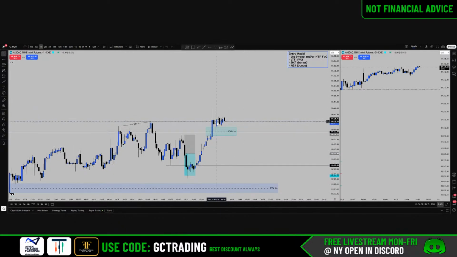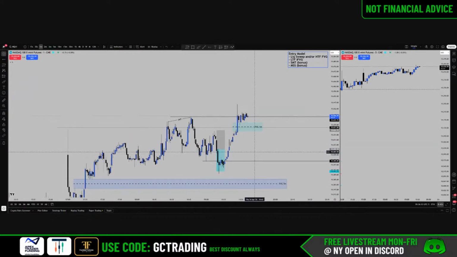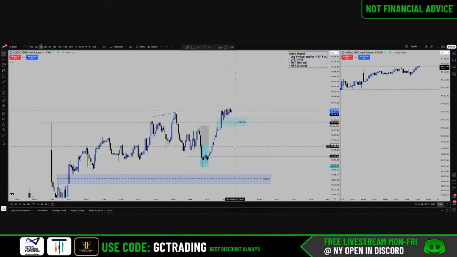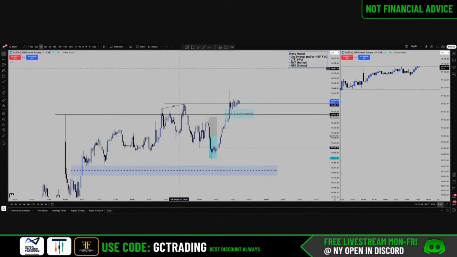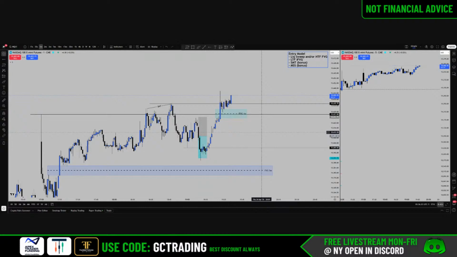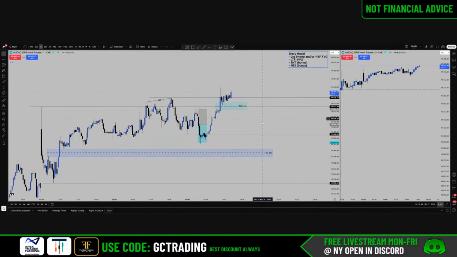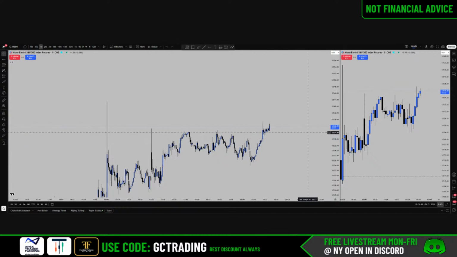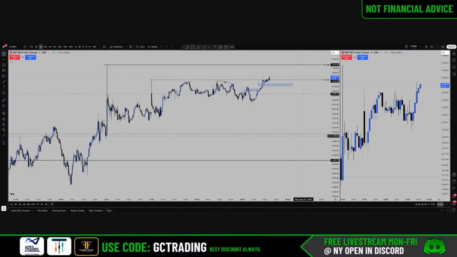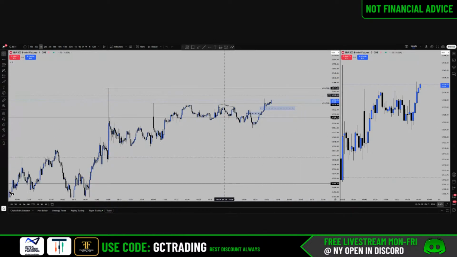So see if we can inverse this 1 minute right here. I do think ES wants this though. Wants this level up here.